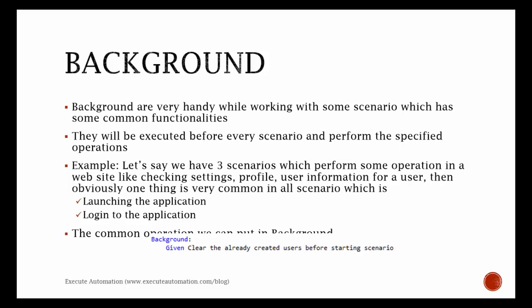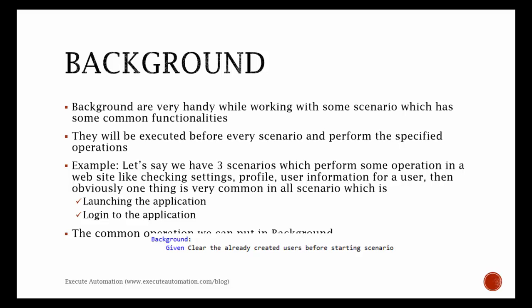We have 5 scenarios which perform registration of a user, and we need to run the same scenario over and over again. Our website will perform registration of a particular user only one time.